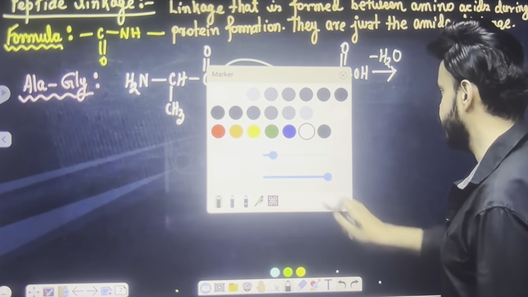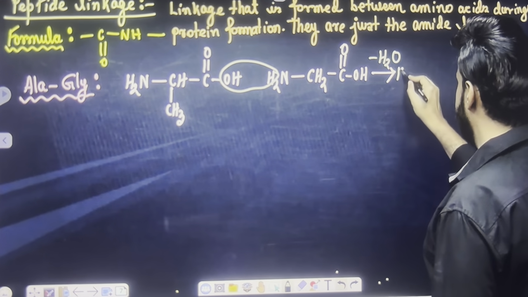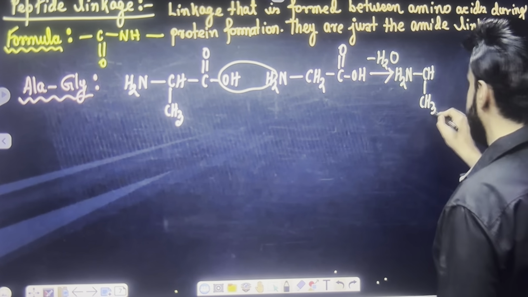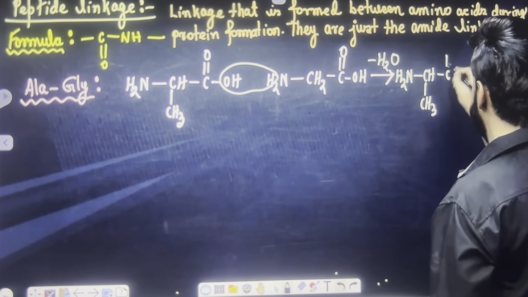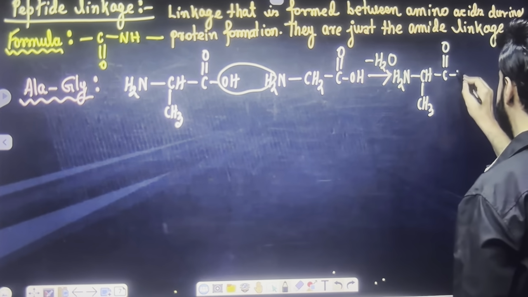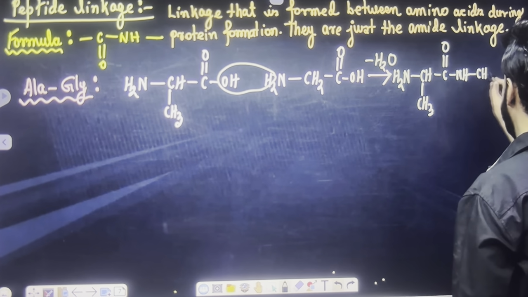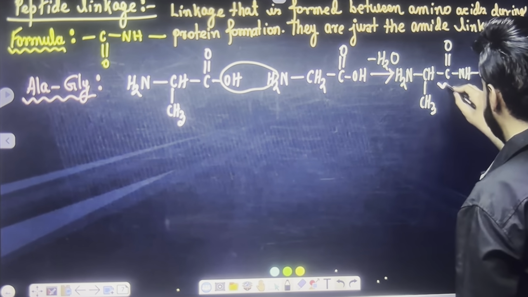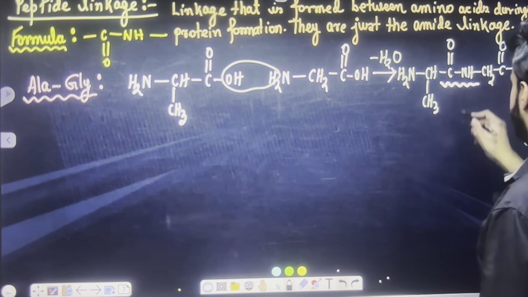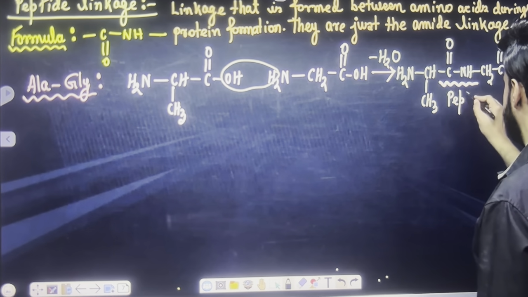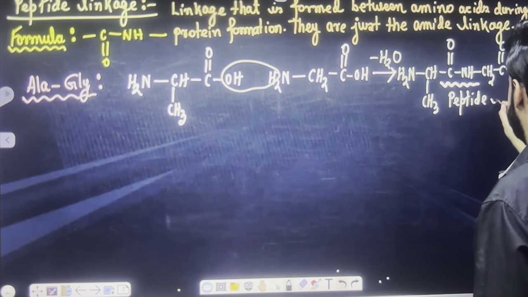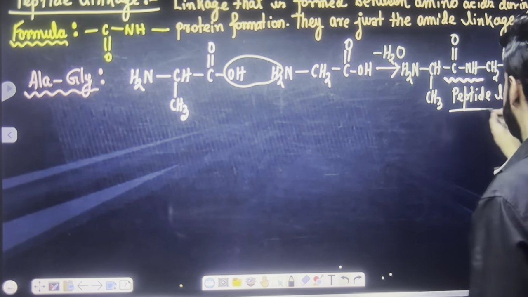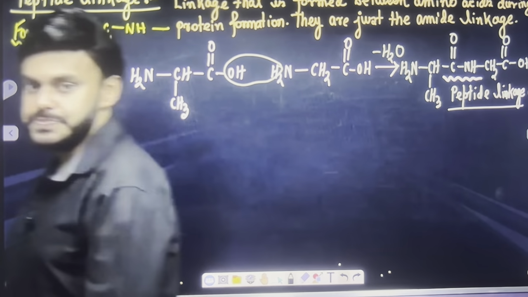NH2, then CH3, then CO, then NH, then CH2, and again COOH. And this CONH group is called the peptide linkage.